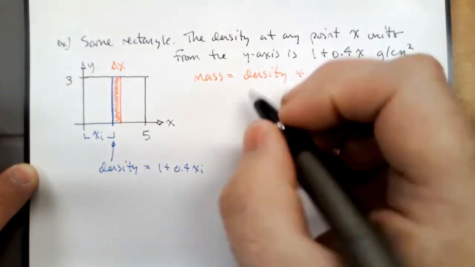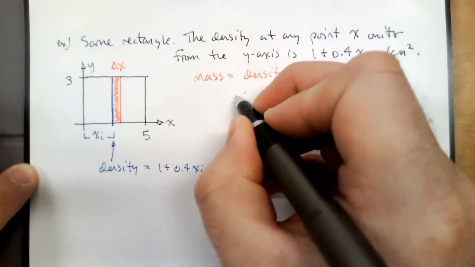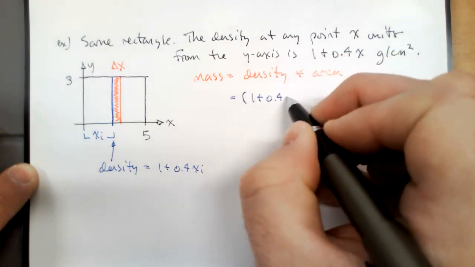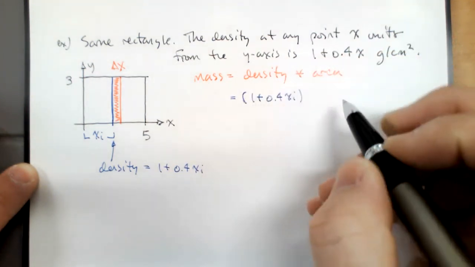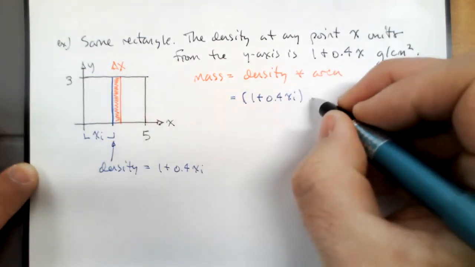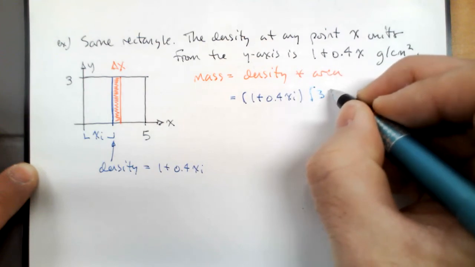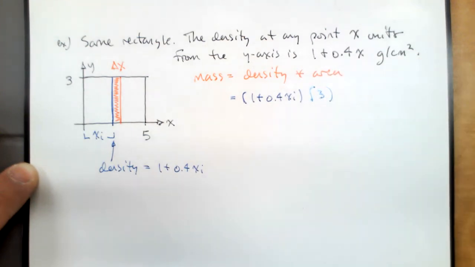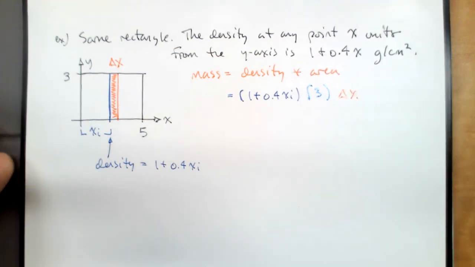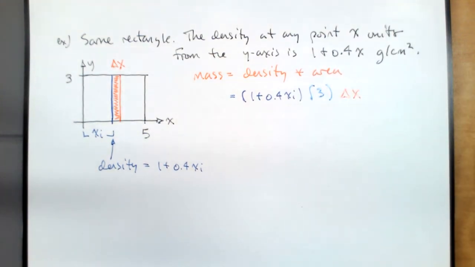The density at this point is 1 plus 0.4 xi, and the area is length 3 times the width delta x. So the 1 plus 0.4 xi is the density, and the 3 delta x is the area.